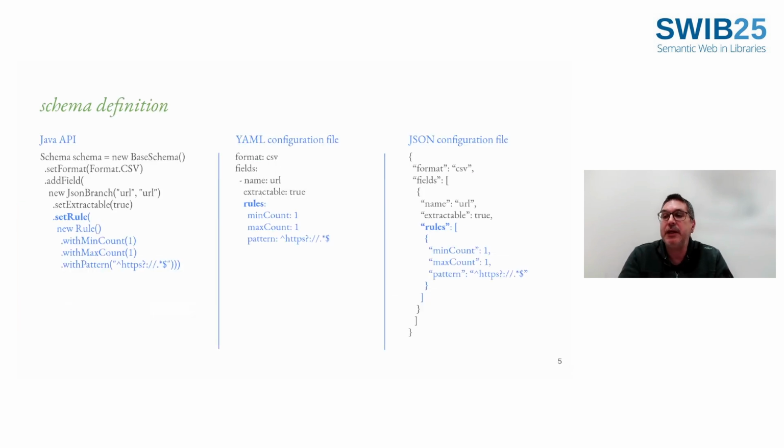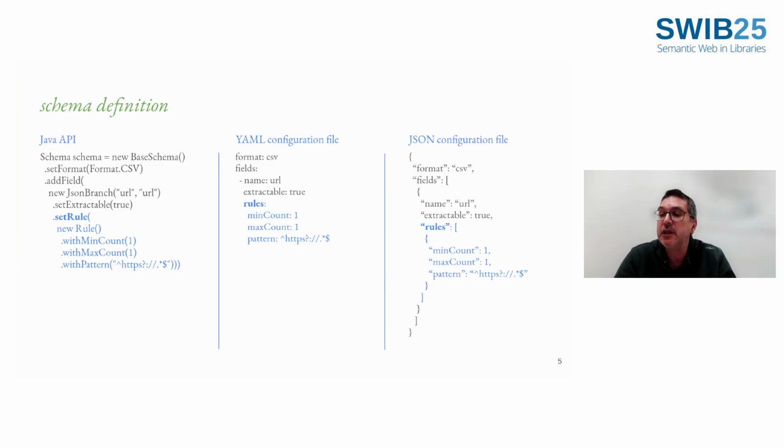These rules can be set in a schema that describes all metadata elements we analyze, so it does not necessarily describe all the elements available in the metadata schema. This schema in the example can be expressed via a Java API or a YAML or JSON configuration file.